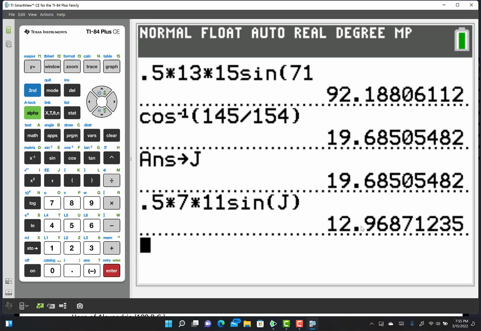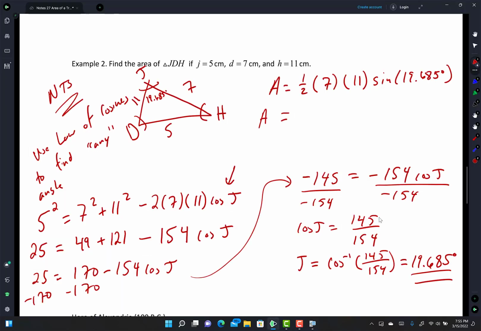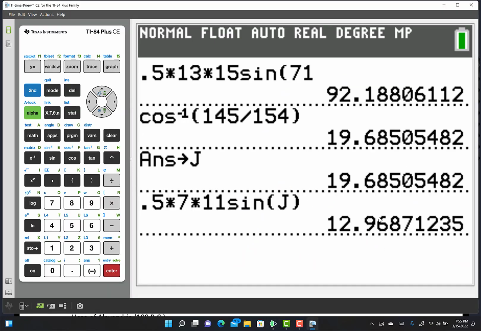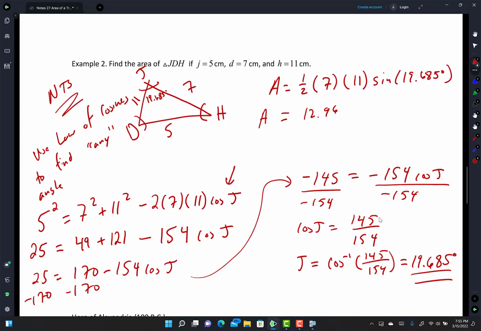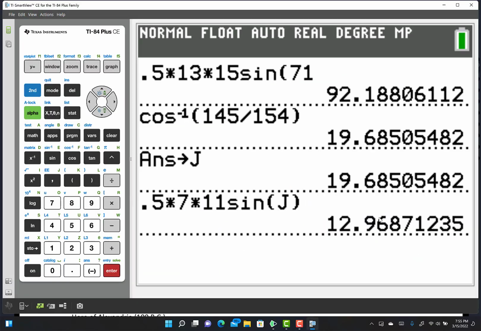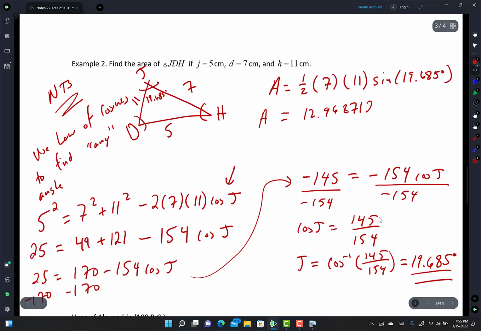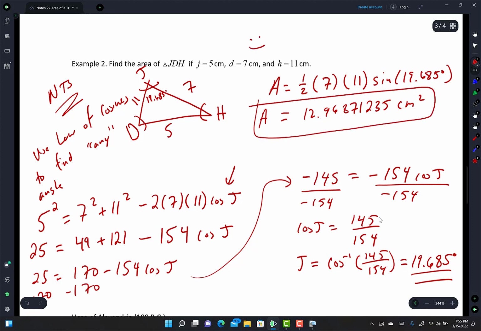And we get 12.96871. That's my area. You know what? I'm going to put all the digits: 12.9687123. Sorry, short-term memory, guys. 12.96871235. And this is square centimeters. So there it is. Yay.